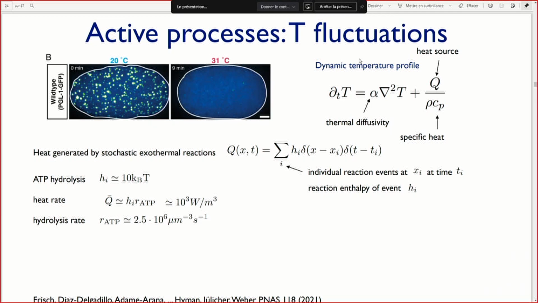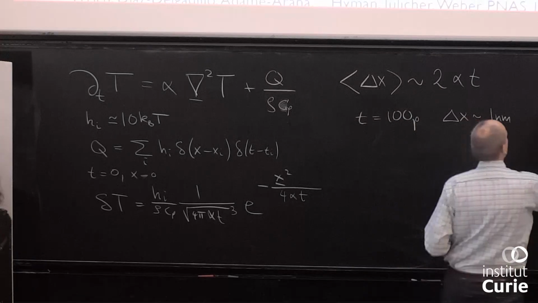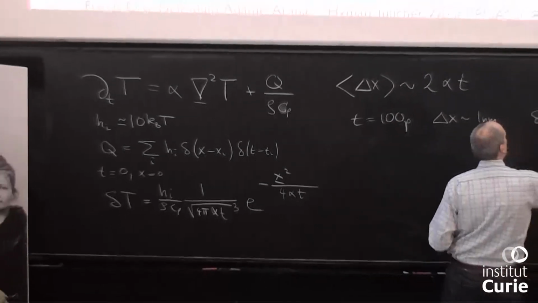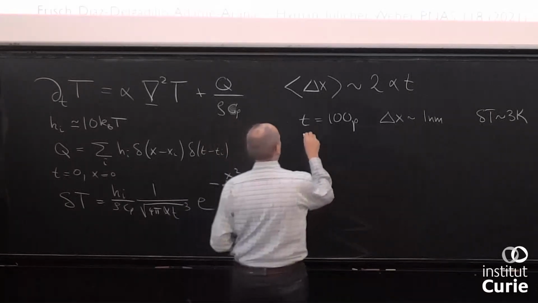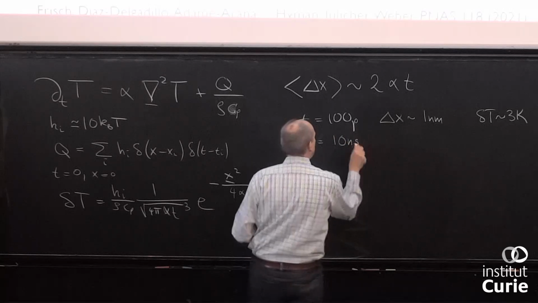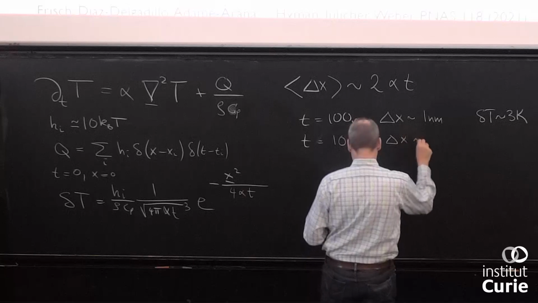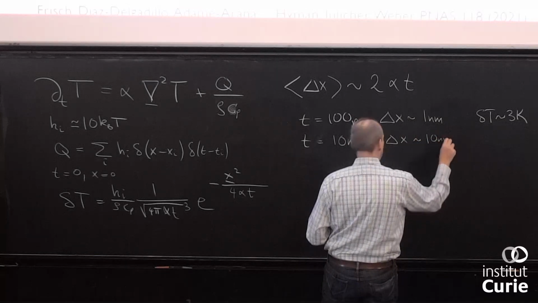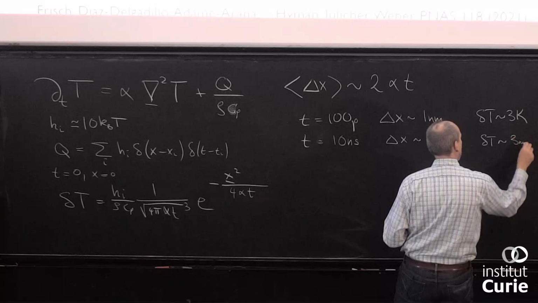After t equals 100 picoseconds, we would have a delta x of about 1 nanometer and a delta T of about 3 Kelvin. That's the strong perturbation. If we go to about 10 nanoseconds, that's 100 times longer, we spread over about 10 nanometers, and delta T goes down to about 3 millikelvin.